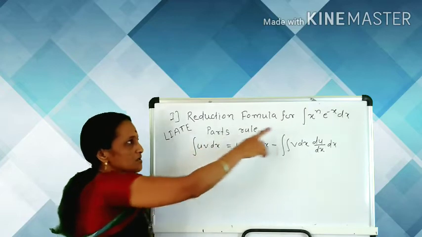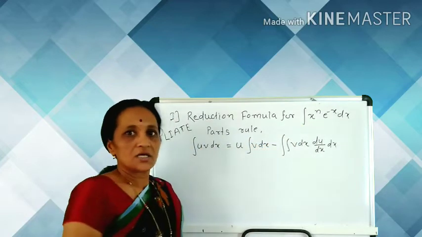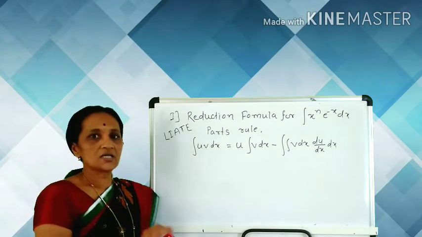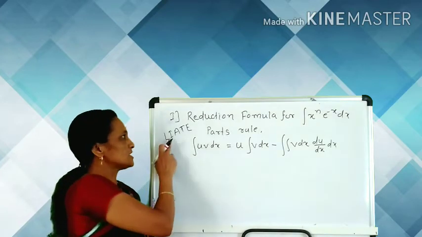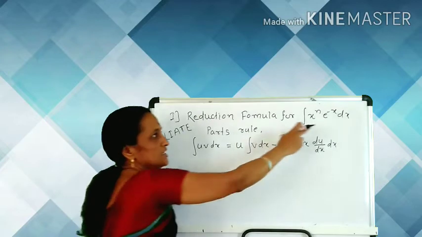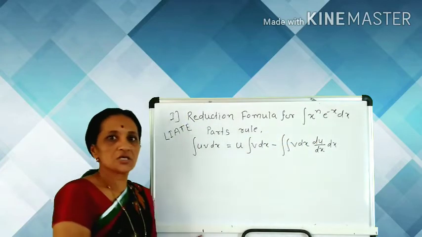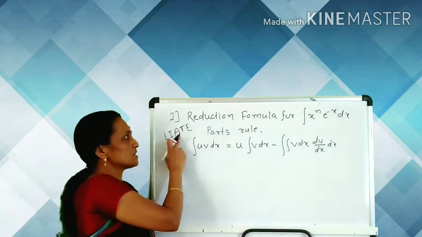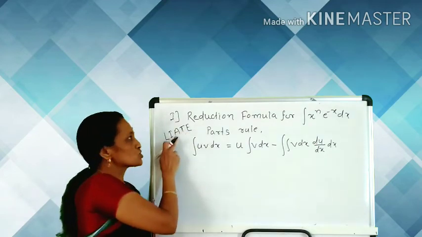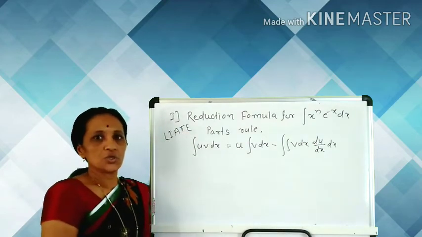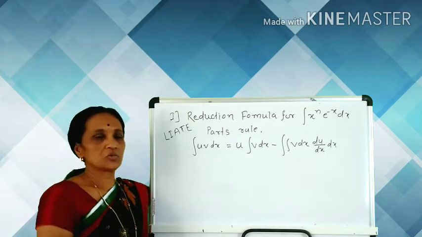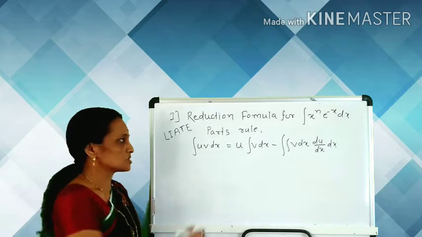In this example, there are two functions, one is x raised to n, which is the algebraic function, and then e raised to the minus x, the exponential function, and E comes after A. So your choice is u is the algebraic function and v, the second function, is the exponential function.